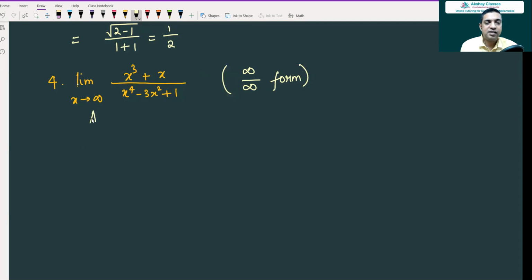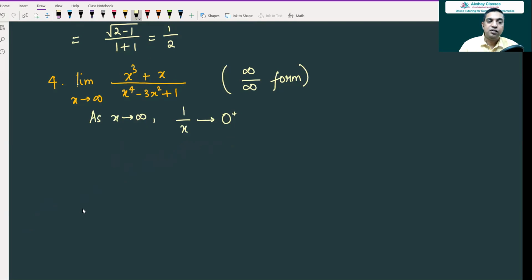Now, as x approaches infinity, good thing is 1 upon x will approach 0, because x is approaching infinity. It will approach 0 from the positive side, because x is a positive number, so 1 by x will also be a positive number.